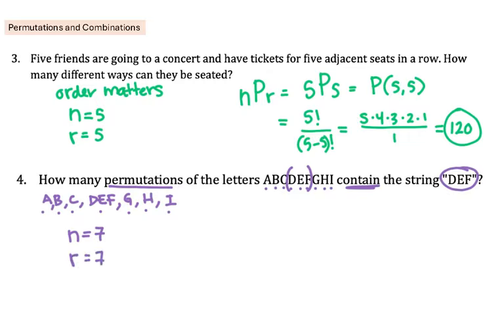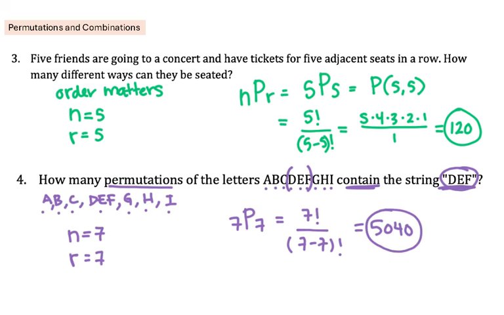Okay, so it's going to be 7 permute 7, which is 7 factorial over 7 minus 7 factorial. Just to shortcut it, that ends up being 5,040 different ways to rearrange those letters as long as we keep DEF together.